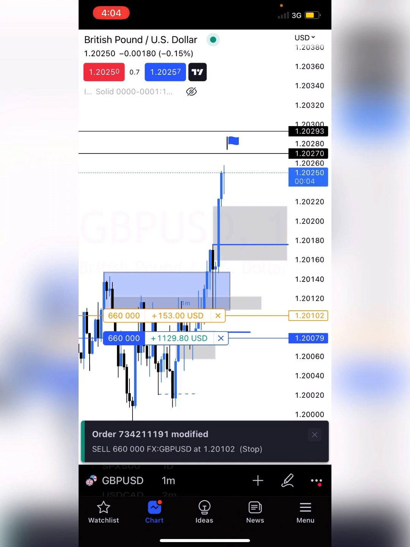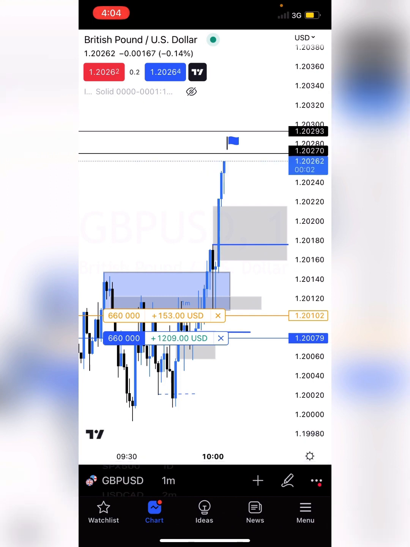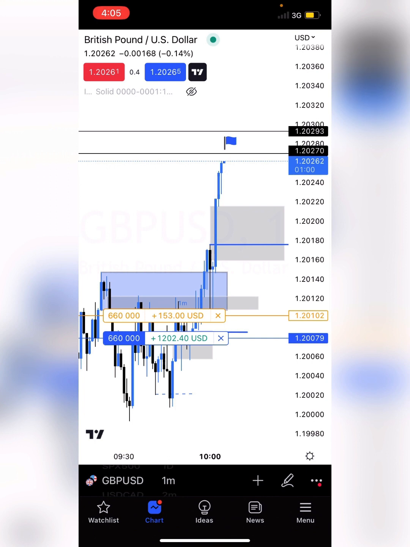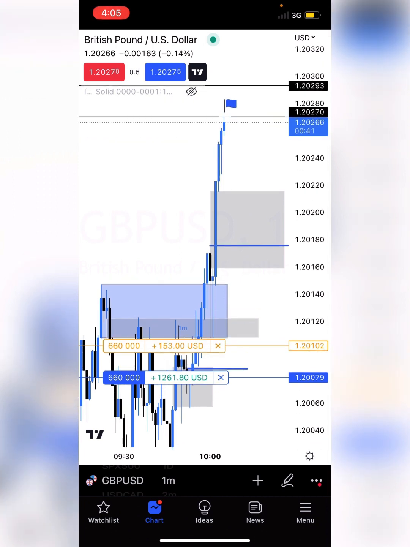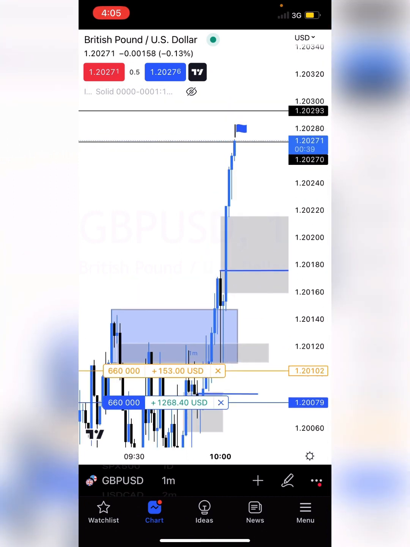And we take out the buy side liquidity now. Almost there. Okay, very nice, very nice.